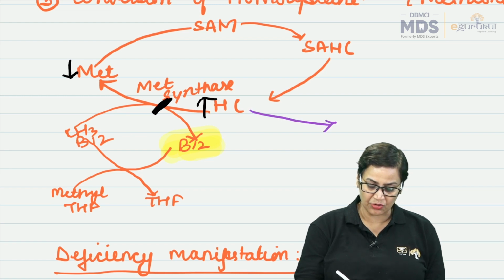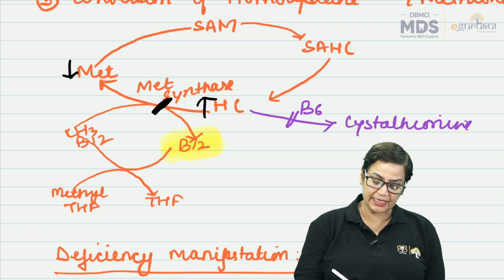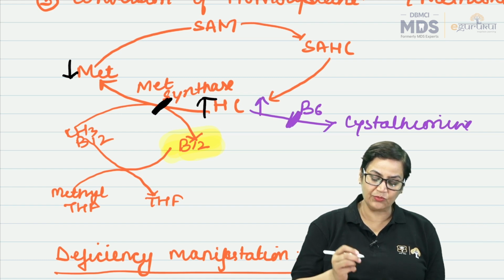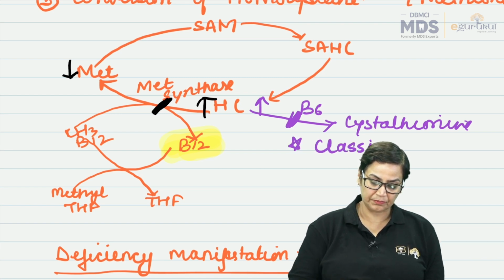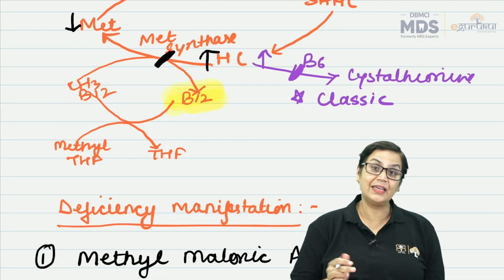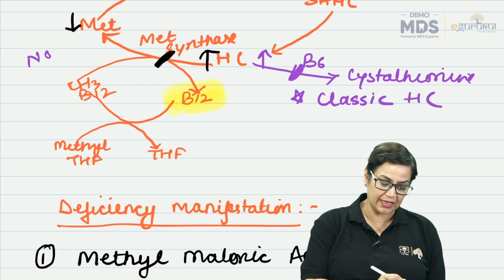Homocysteine in the presence of B6 forms cystathionine. And I told you that in B6 deficiency, again homocysteine was increased. But this was classic homocystinuria. ये क्या था? ये classic homocystinuria था. ये क्या है? ये non-classic है.